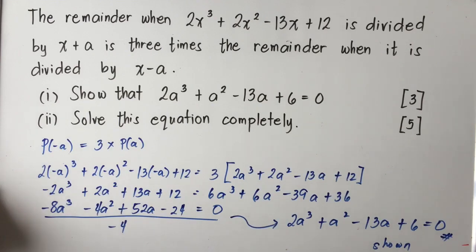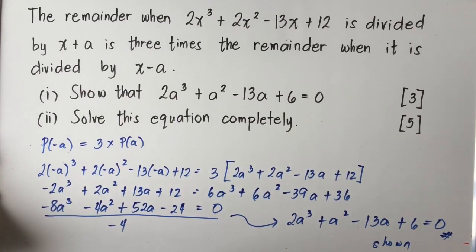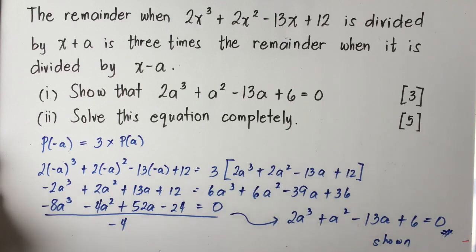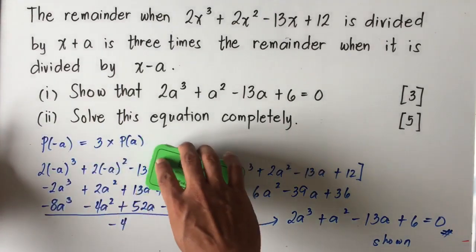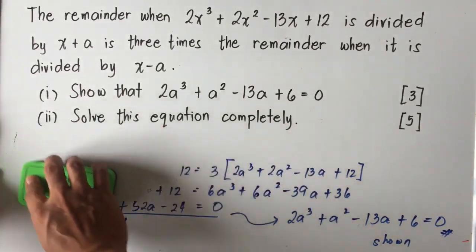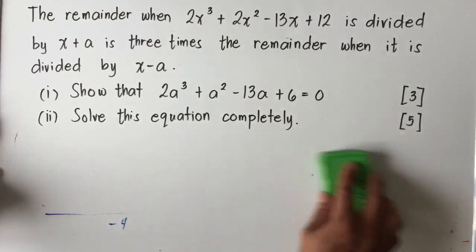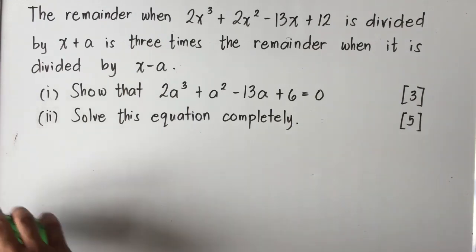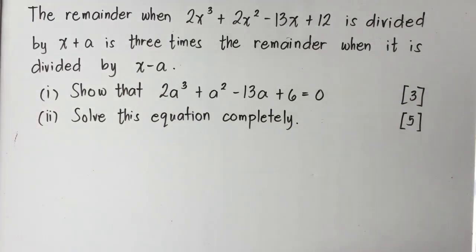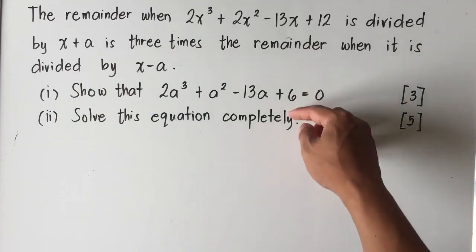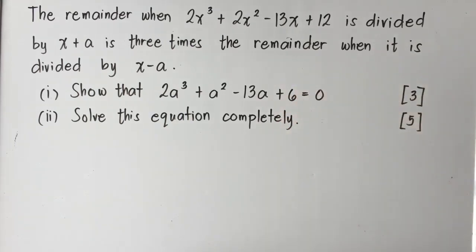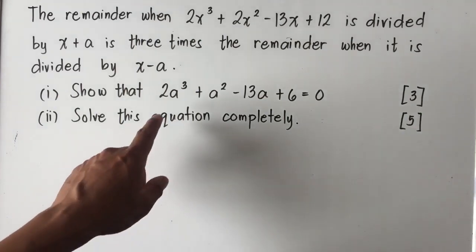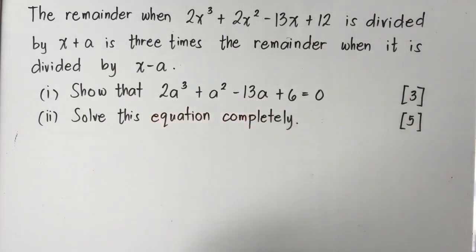How about how to solve the equation completely? Let's try to solve the equation completely. In solving cubic equations, it's very important that you have a basic idea of your factor theorem. When we say factor theorem, you have to find a factor of the constant term that will make the expression equal to 0 when you change the variable a.